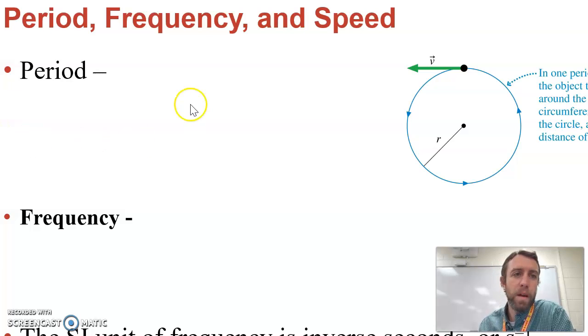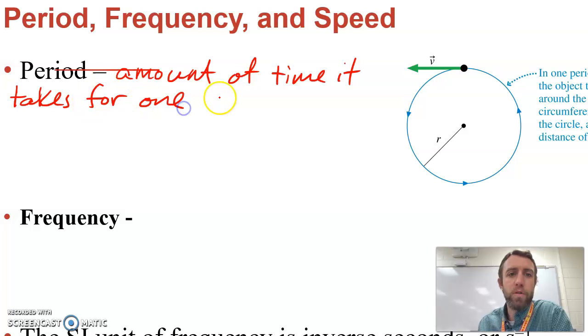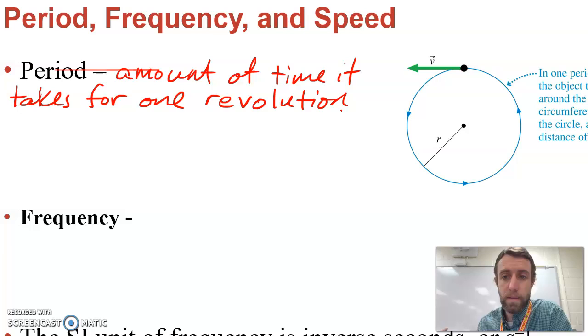So period, and you may have come across these terms before, is the amount of time it takes for one revolution. All right, so how long does it take to go around once? That is considered the period of the motion of this object.